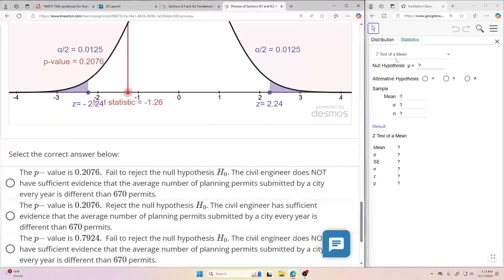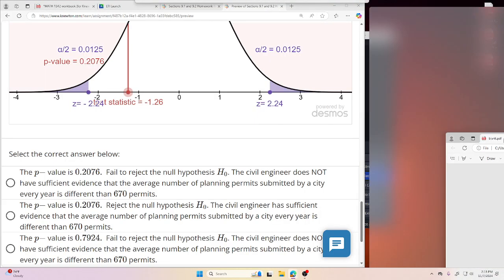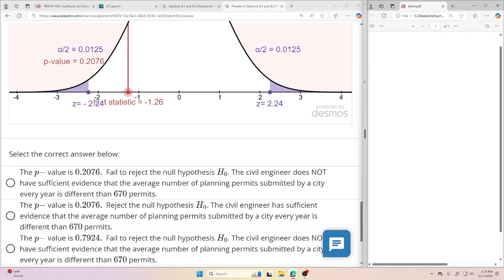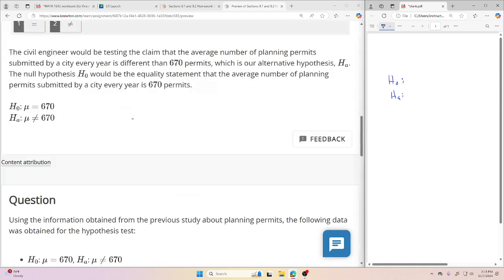Here, I'm going to do a blank sheet of paper for a second. I'm going to set it back up. Let me go back up to the top here. So mu equals the 670, mu not equal to the 670.